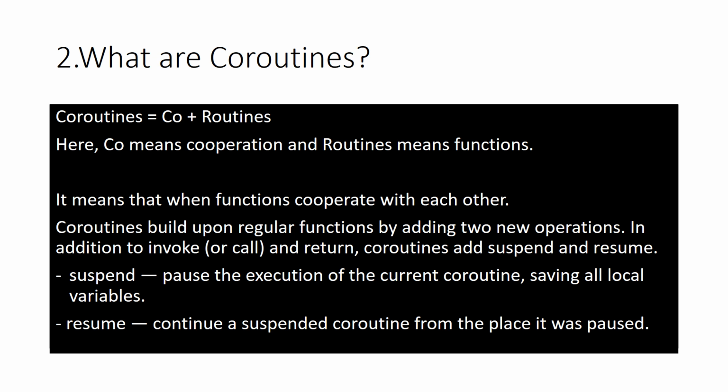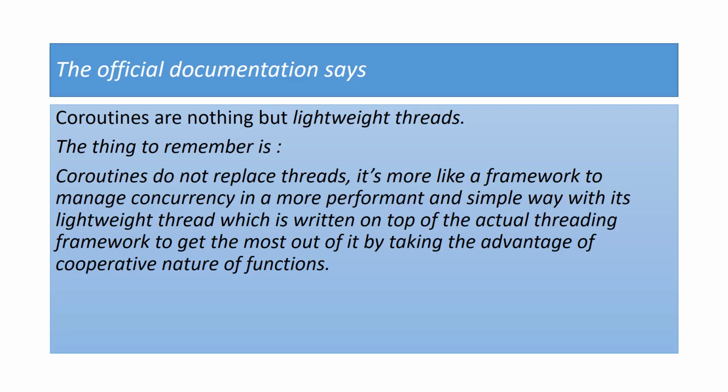Coroutines build upon regular functions by adding two new operations. In addition to invoke and return, coroutines added suspend and resume. So suspend pauses the execution of the current coroutine, saving all local variables, and resume continues a suspended coroutine from the place it was paused.